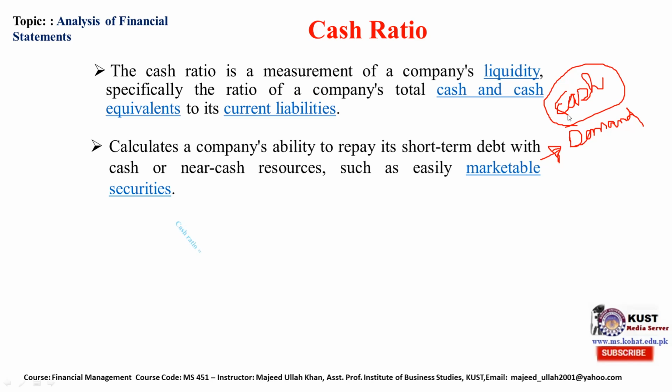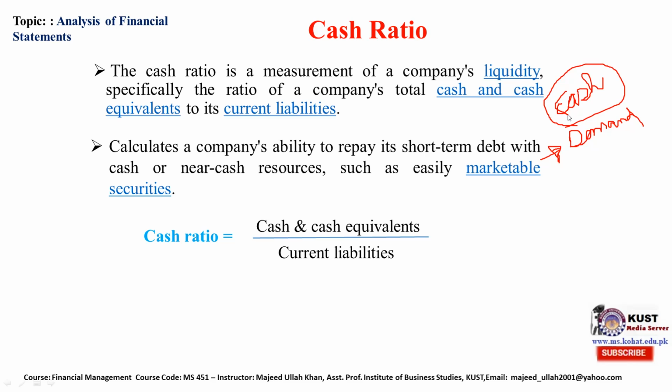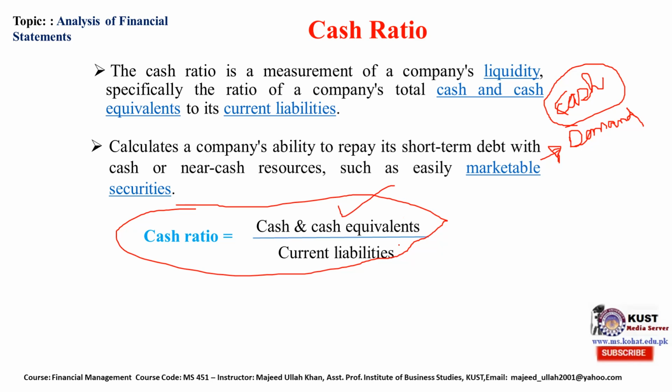How will we calculate the cash ratio? The cash ratio is calculated as cash and cash equivalents divided by current liabilities. So this is cash ratio. The utmost liquidity is calculated by this formula, that is, how much cash and cash equivalents are available to pay its current liabilities.